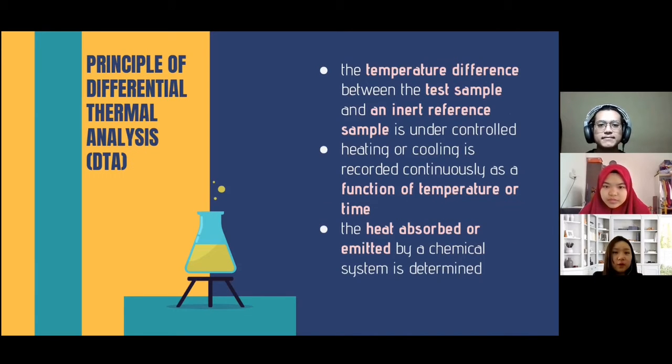What is the principle of differential thermal analysis? The temperature difference between the test sample and an inert reference sample is under control. Heating or cooling is recorded and the heat absorbed or emitted by a chemical system is determined.